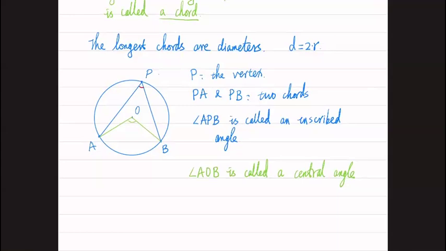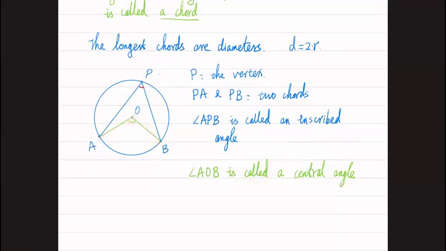Two chords with a common vertex. The angle at the vertex we call an inscribed angle. And the angle at the center, a central angle.